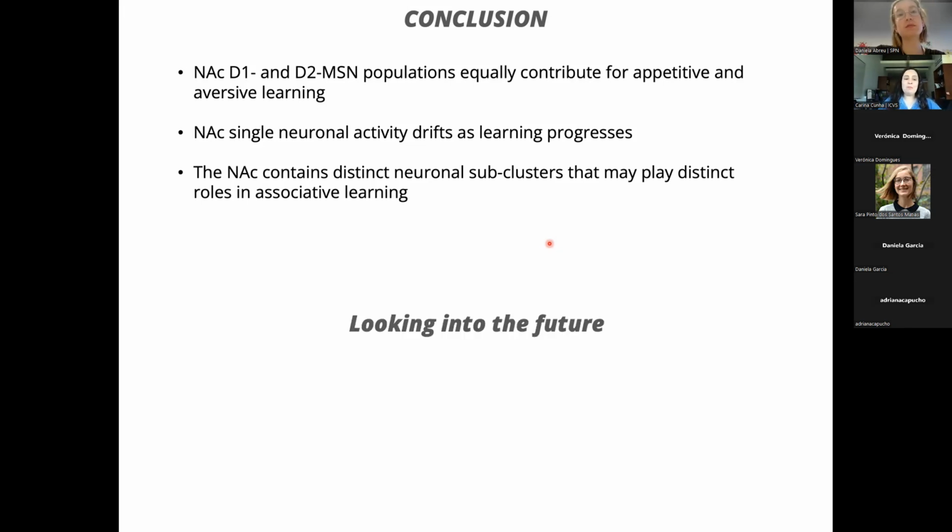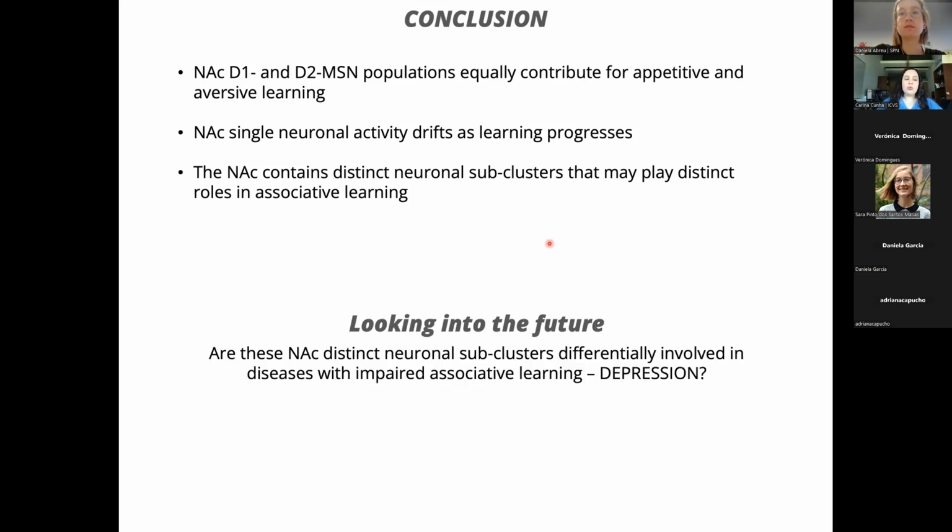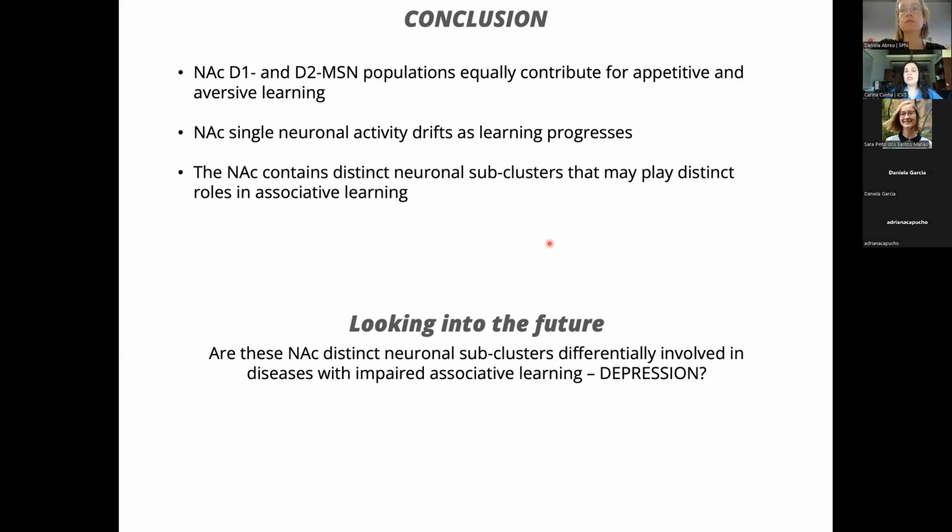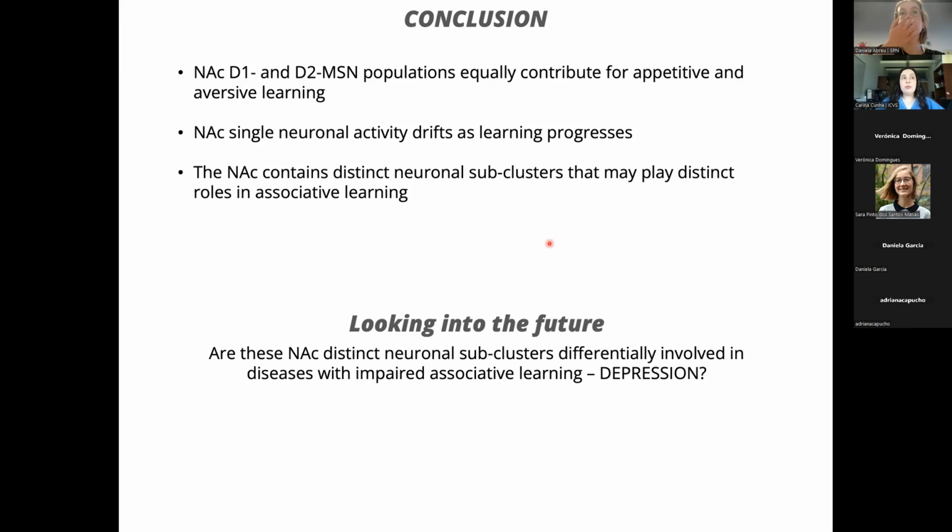And just to conclude and try to connect this again to the introduction, looking at the future, one of the things that we may be able to take out of this is that if we find that there are subpopulations within this brain region that are more relevant for associative learning, these may also be relevant in the context of diseases such as depression, which is the example that I gave in the beginning, because maybe we are taking the wrong approach in treating these disorders by doing an overall application of SSRIs or dopamine agonists or antagonists, while probably there are subpopulations that are more affected in the disease than others.